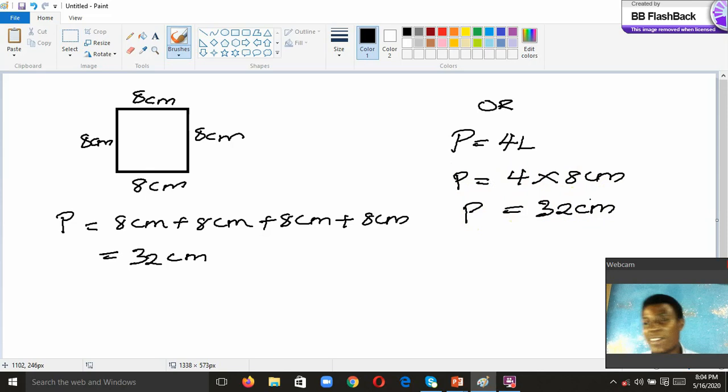You can see that we arrive at the same answer. So you either use the formula or you use the simple definition of what perimeter is: the total length of a shape. You can just add up and get the perimeter. Perimeter is very simple. It is not difficult at all.